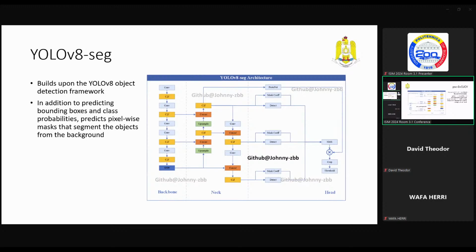In addition to this, we have the part of segmentation, that is this one. We have three main components, the backbone part, the neck part, and the head part. In the backbone, we do the extraction of features with the convolutional networks. Then in the neck part, we process them. Then in the head, we refine the outputs.